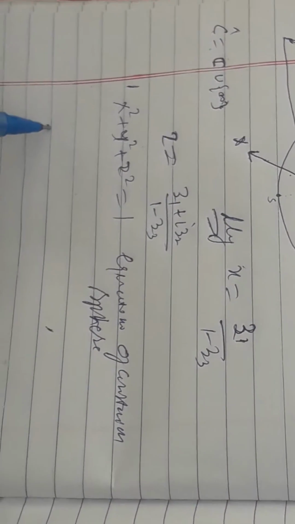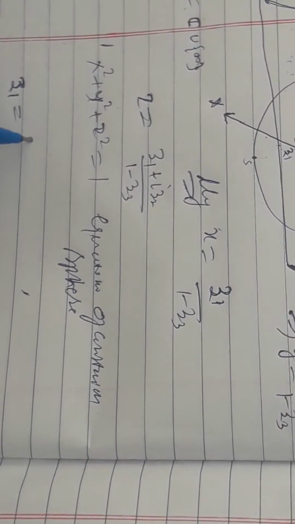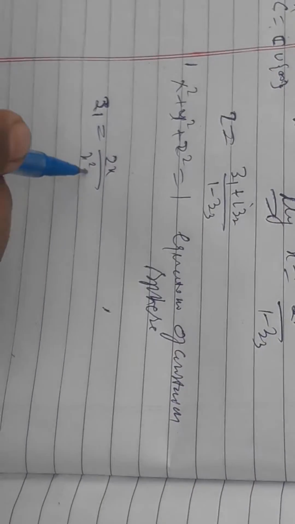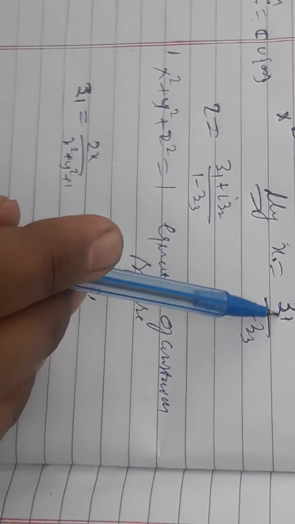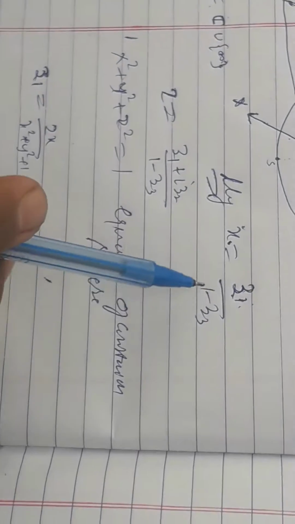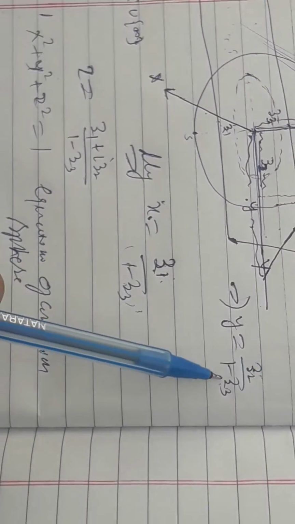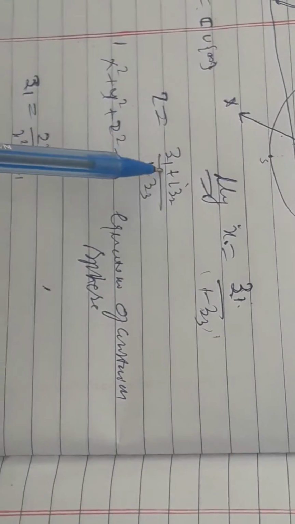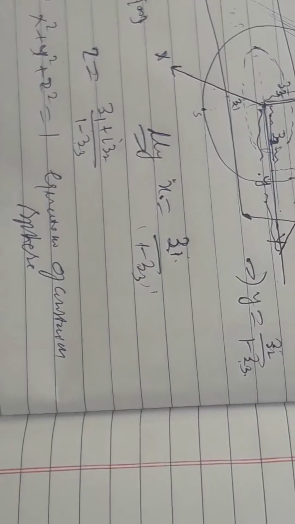As xi1 equals 2x upon x square plus y square plus 1. When you take x here, it is xi1 upon 1 minus xi3, whole squared; similarly xi2 upon 1 minus xi3, squared.